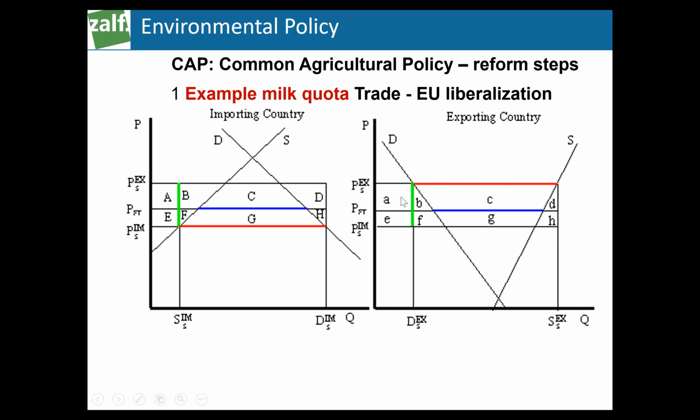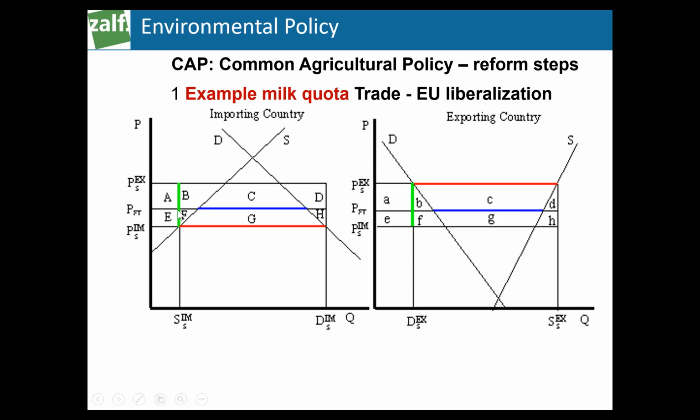Exporting can be the EU system, and importing is, I don't know, a country with less milk production. Then, if it would be equal in the blue line, it would be exactly the same amount. It would be the world market price, more or less.